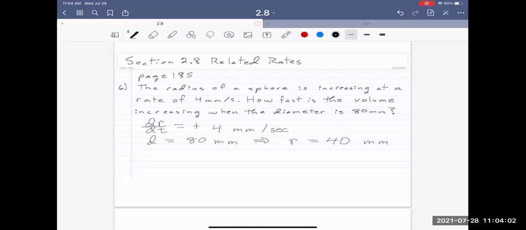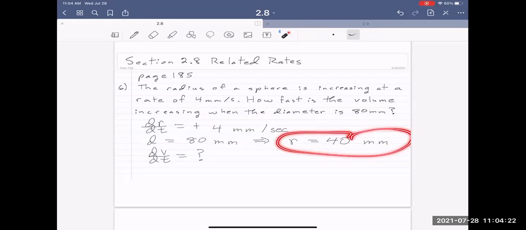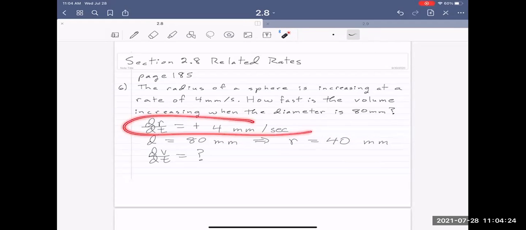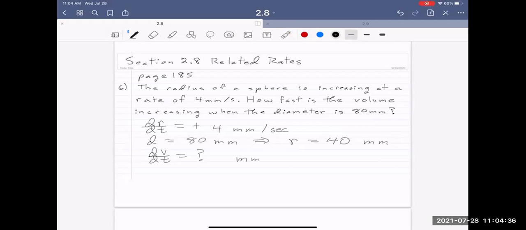They want you to determine how fast the volume is increasing, when the radius is 40 millimeters and the rate of change of the radius is 4 millimeters per second. This is going to be in cubic millimeters per second.